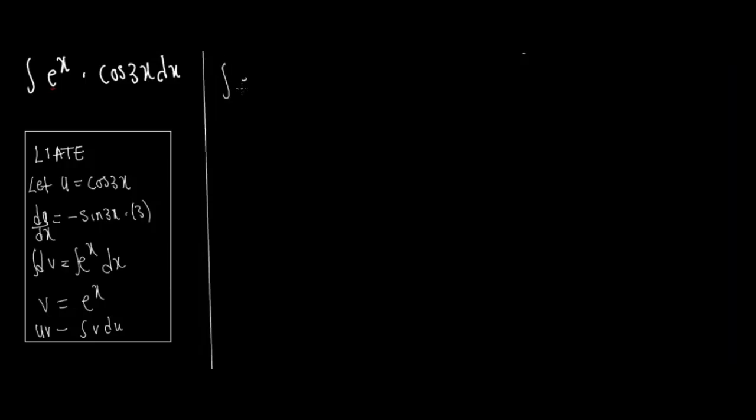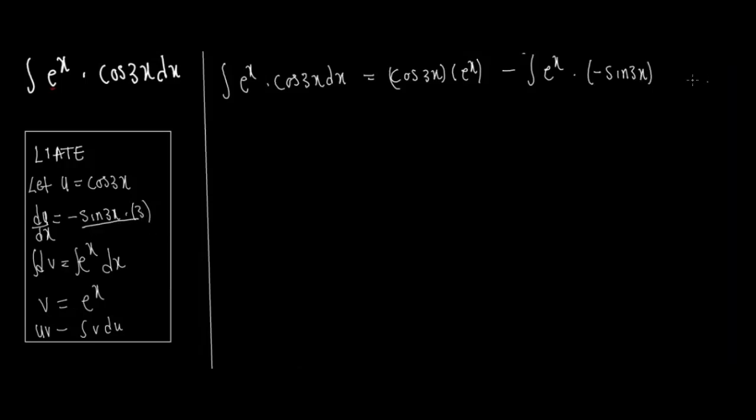So I'll have e to the x times the cosine of 3x dx, which is equal to, what is u? u is cosine of 3x, and v is e to the x, minus the integral of, what is v, e to the x times minus sine of 3x, which is here, times 3 dx.